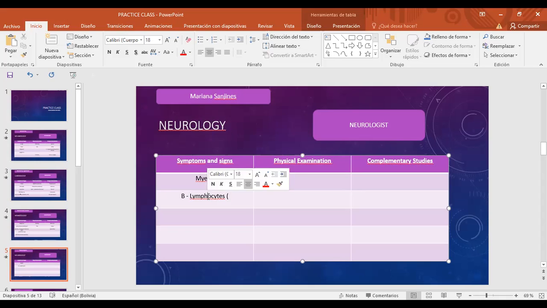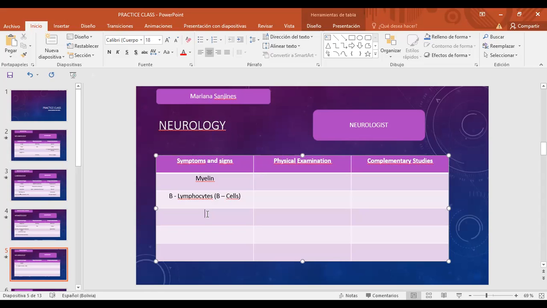This is the correct way, B lymphocytes, okay? However, when we're talking in a casual manner, we just call them B cells. So the way you said it is the correct way, and this is the correct way of writing them, B lymphocytes. However, we refer to them in a more informal way as B cells.